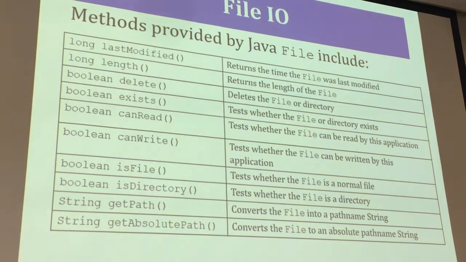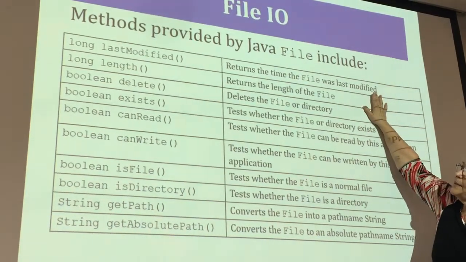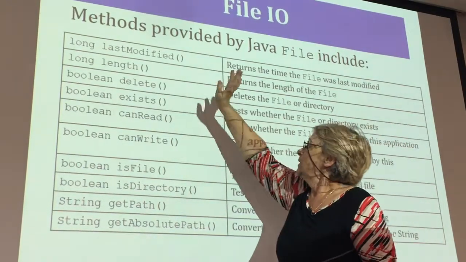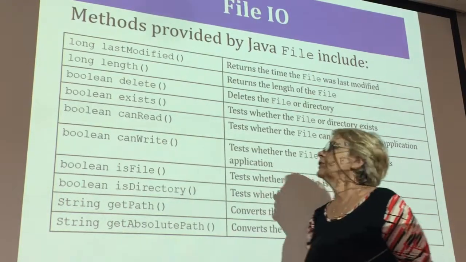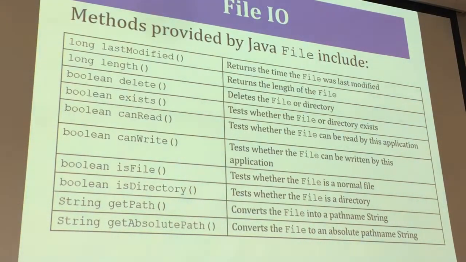Again, for files, we have lots of information: when the file was modified, how many characters are there, can you delete it? If yes, it returns true. If you can't delete it, it returns false.